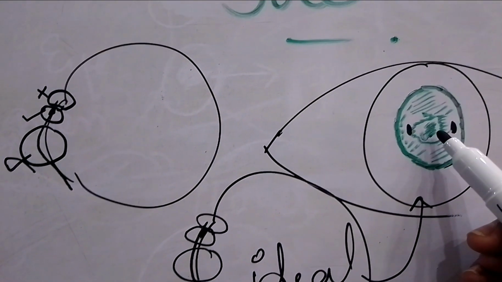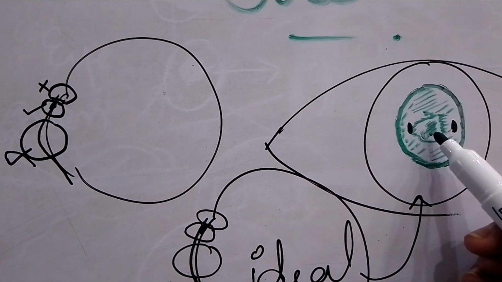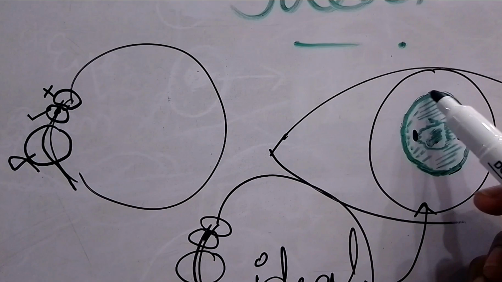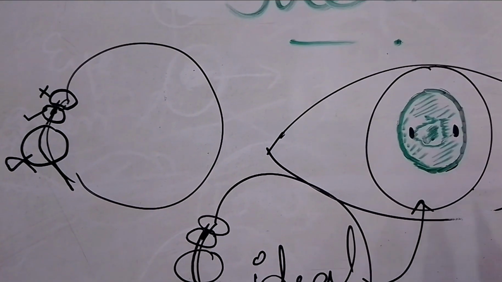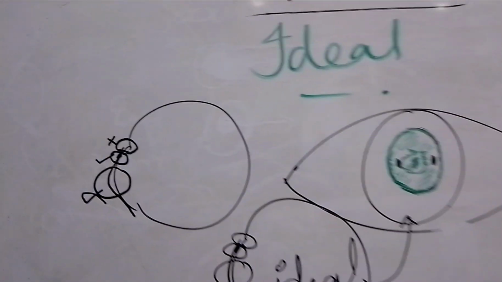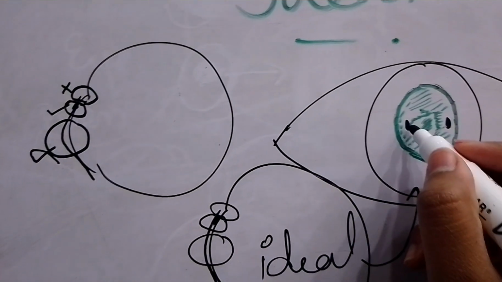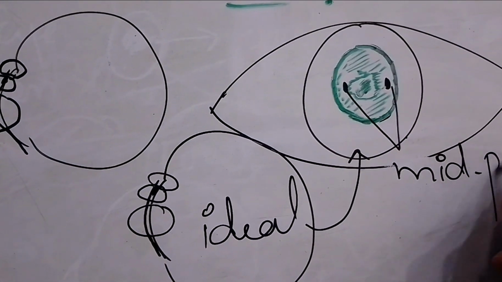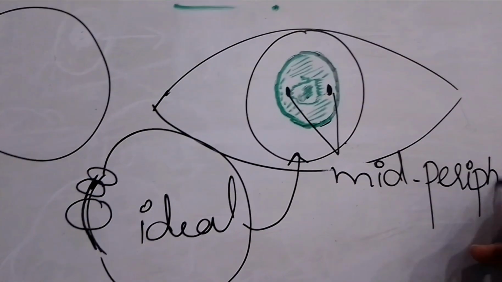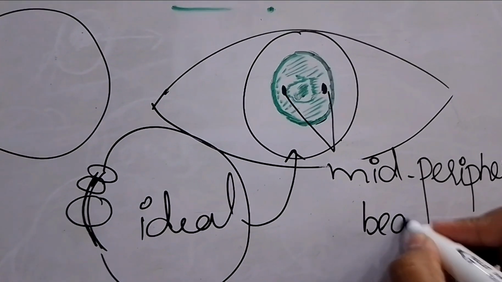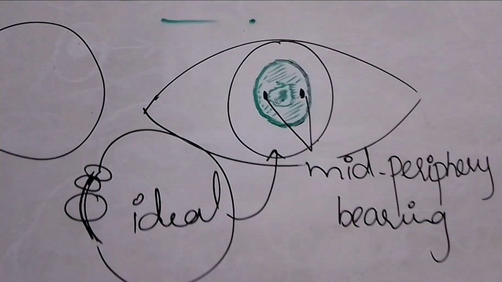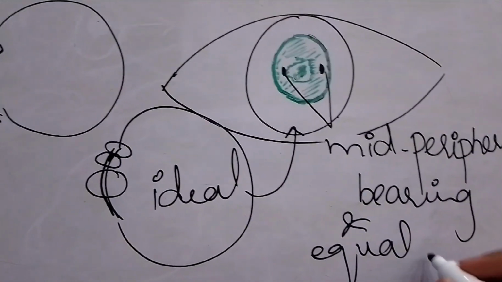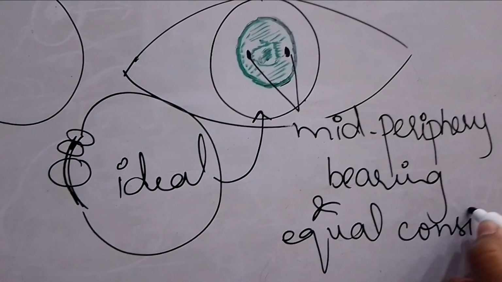So you see more vibrant central pooling which is equal towards the periphery, and the edge periphery is having more pooling, while at the mid peripheral point you will see bearing, right? So this is mid periphery bearing and equal, consistent pooling.